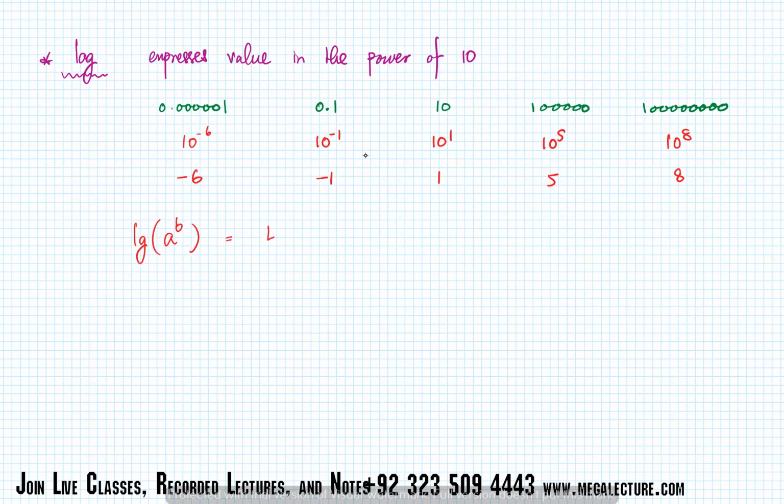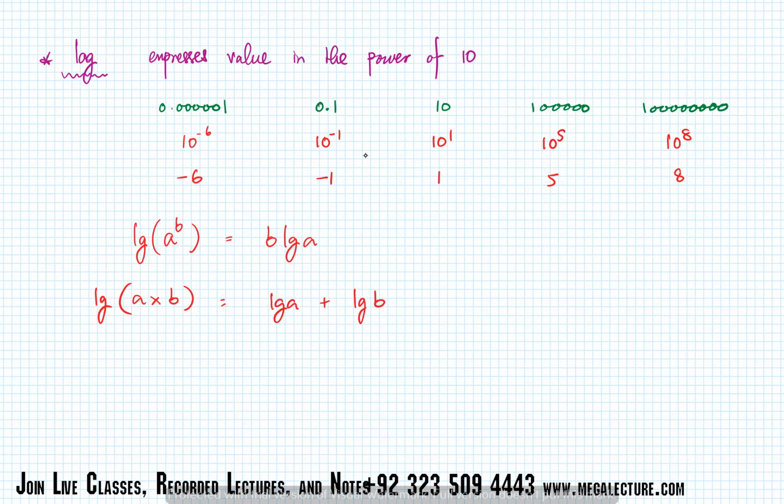Then it's going to be b log a. If it's two things getting multiplied, and if I take log of this, then it's going to be log a plus log b.